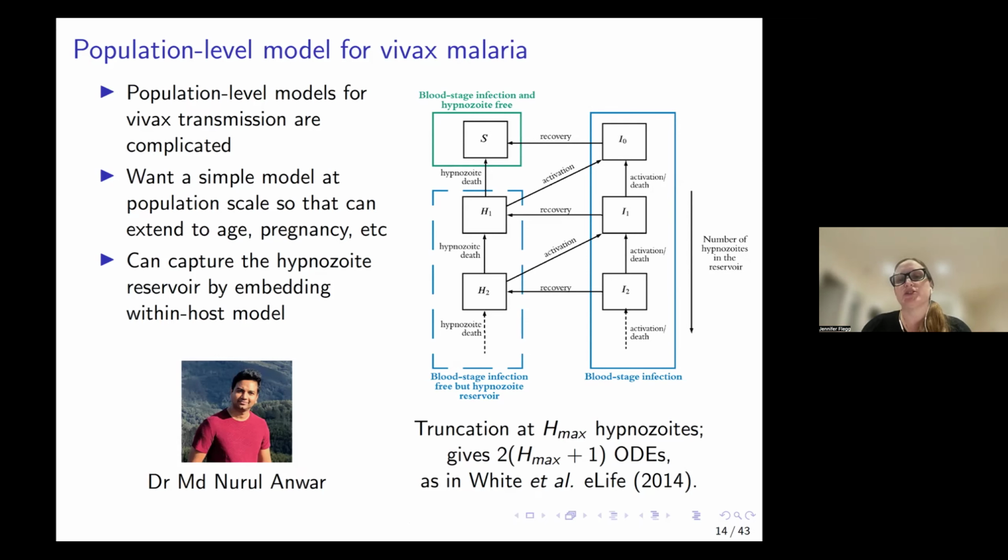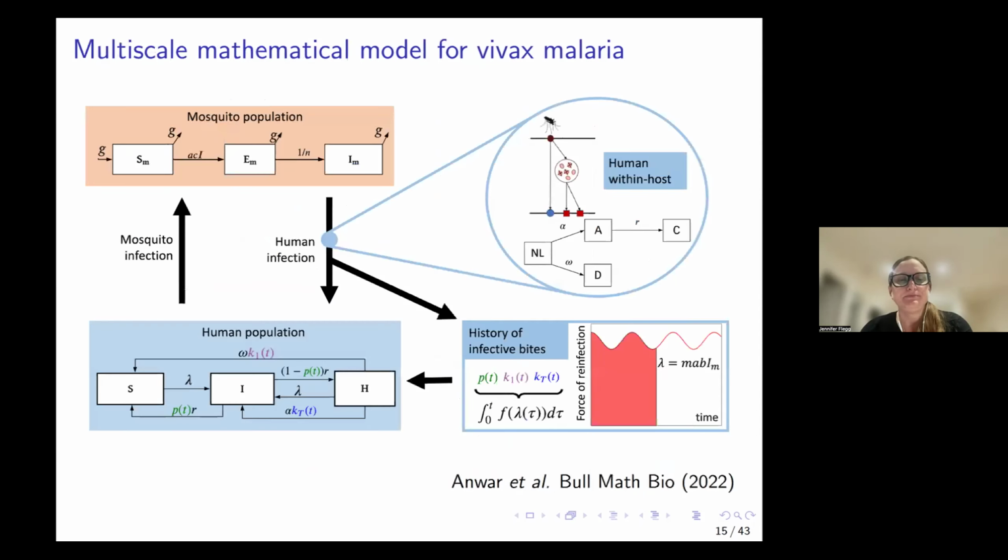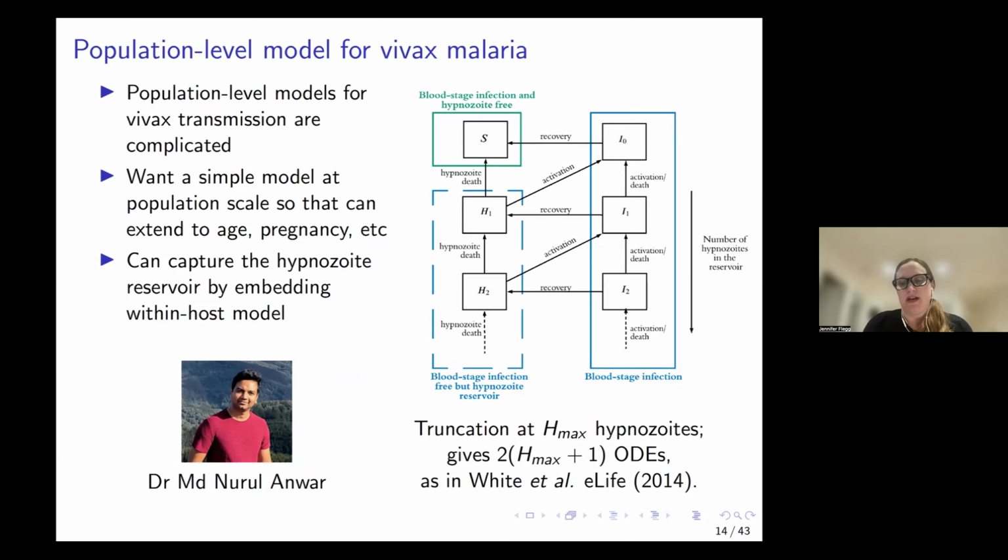So we were hoping to take existing models such as the one from 2014 by Michael White, which had many hundreds of ODEs, and to collapse that down into a very simple population level model that embedded the within host model and took care of the complexity at the within host level. This is work that's been done by Anwar, who was a PhD student and has now graduated. So let me just explain.